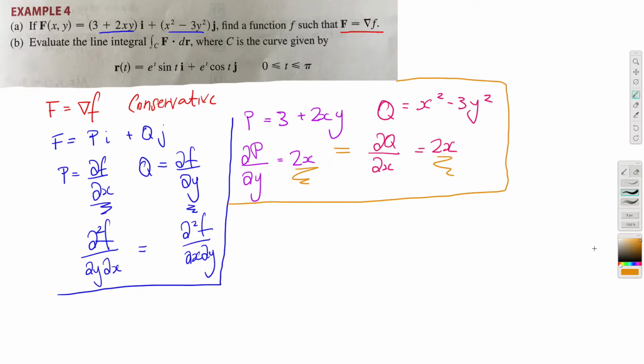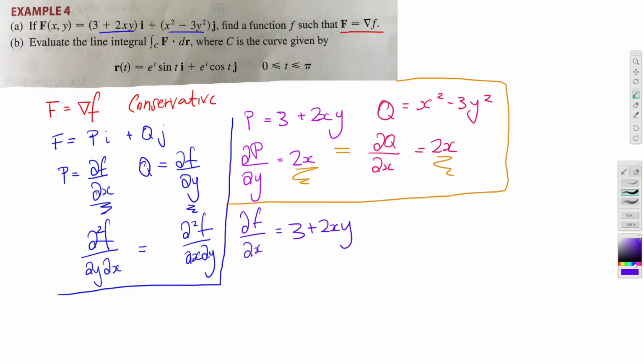All right, so now let's find the potential function. How are we going to do that? Well, we've proven that the derivative of f with respect to x equals this, 3 plus 2xy.